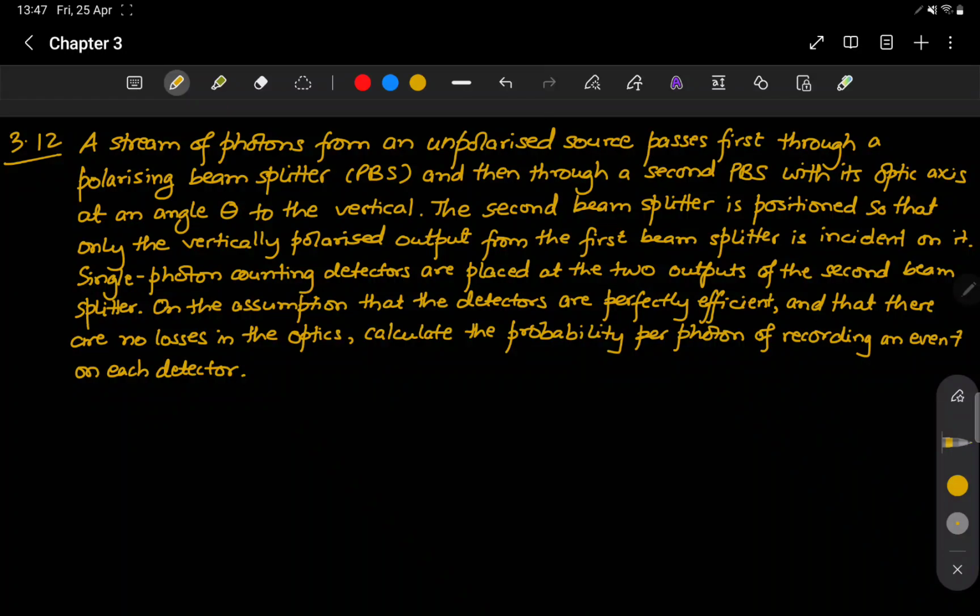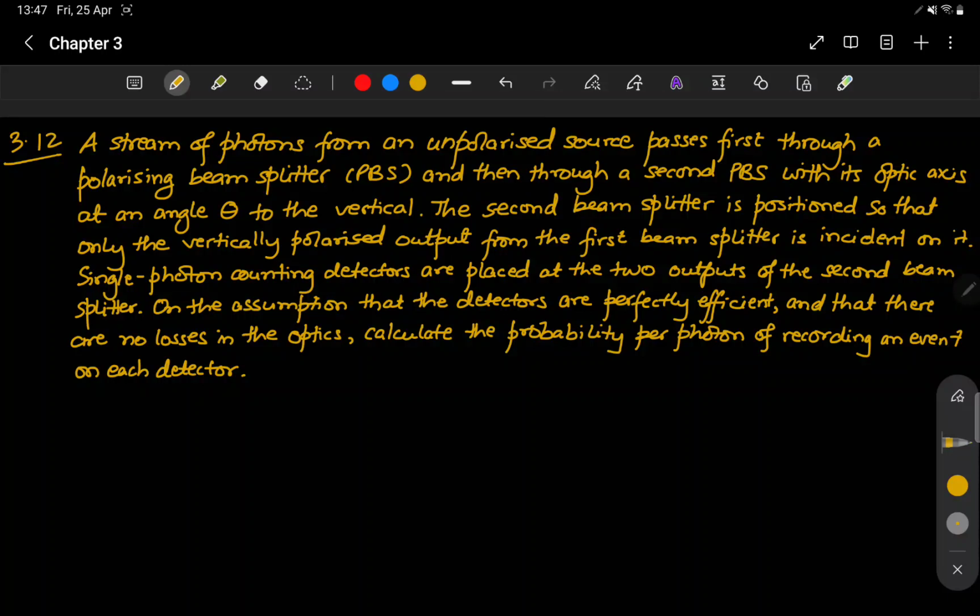Question 3.12. This is a somewhat descriptive kind of a question. A stream of photons from an unpolarized source passes first through a polarizing beam splitter PBS and then through a second polarizing beam splitter with its optic axis at an angle theta to the vertical.